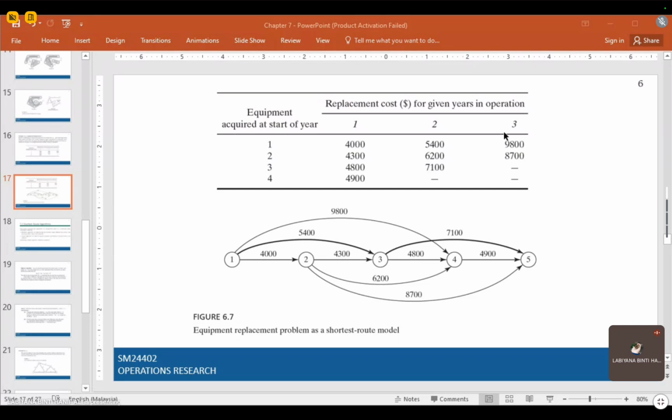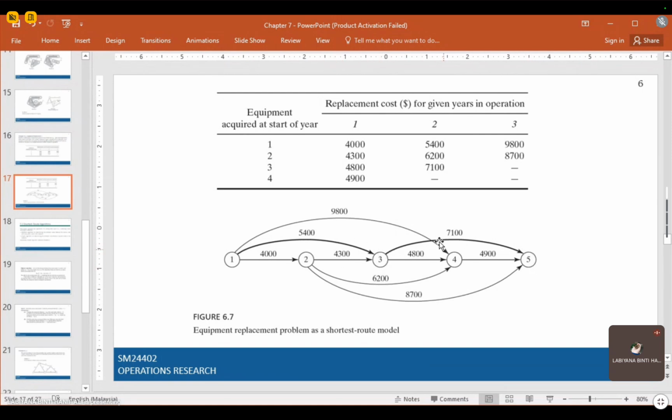They use Tora to find the shortest route. Here the bold arc, the darker one, represents the solution. So the shortest route for this problem is from node 1 to node 3, then node 3 to node 5.